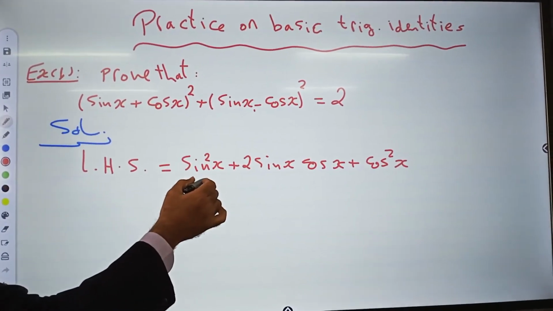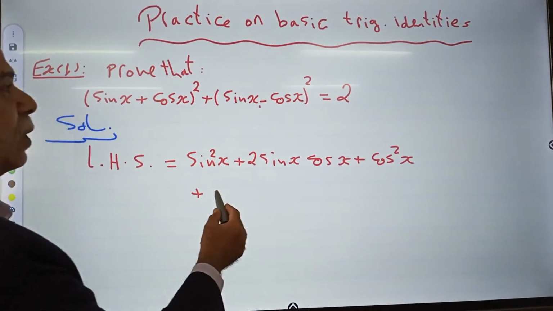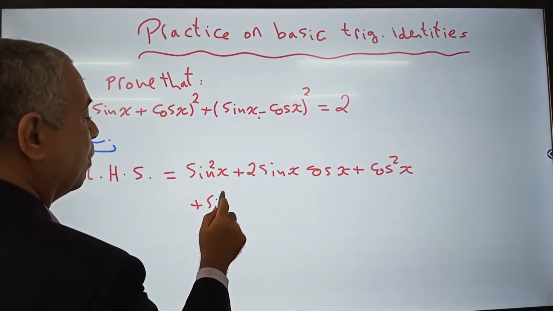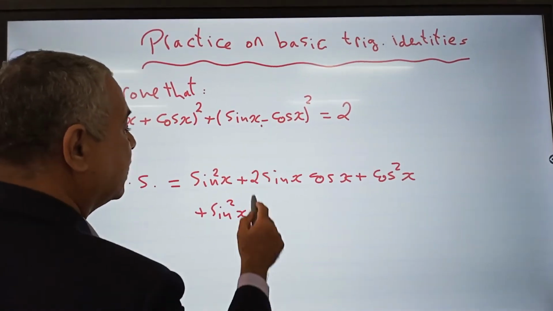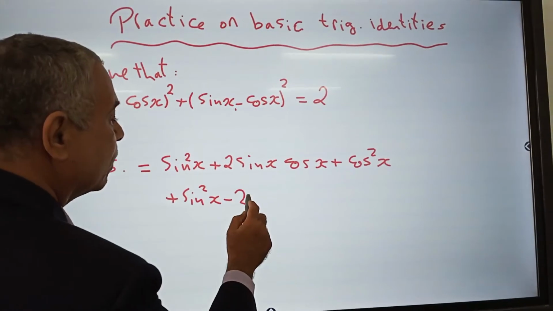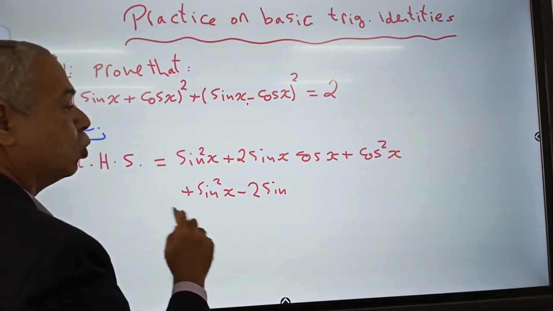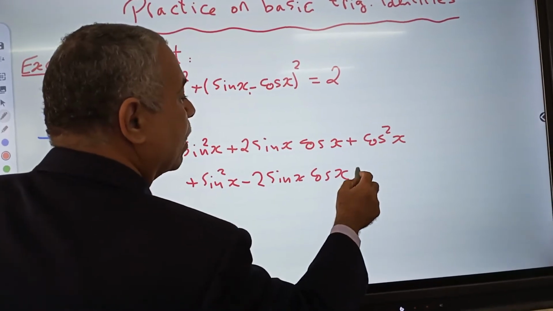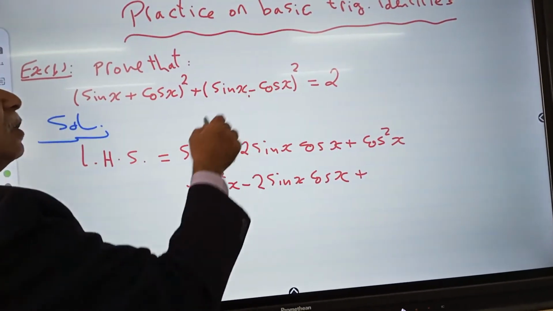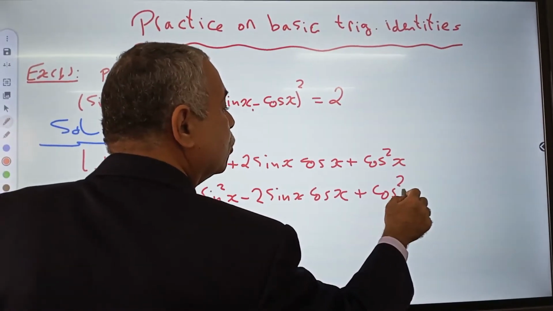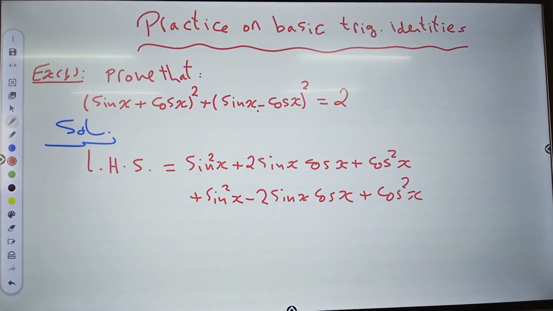Expand the second bracket like the first bracket, so we get sin²x, take the same sign, minus twice first times second, 2 sin x cos x, plus the second times itself, cos²x.